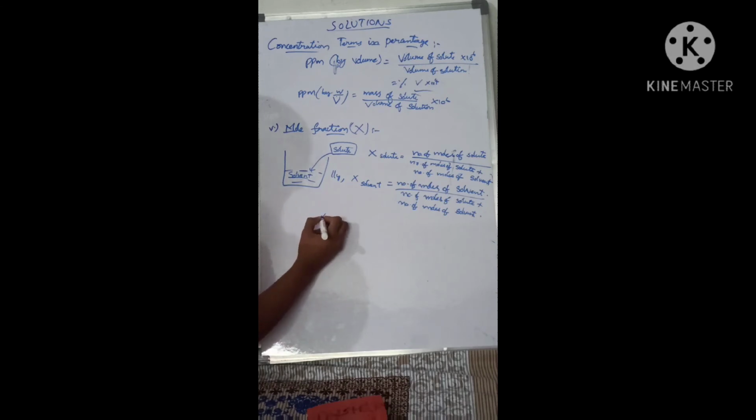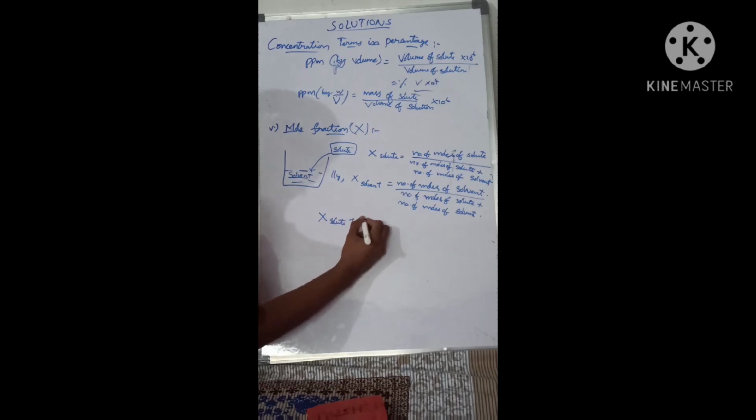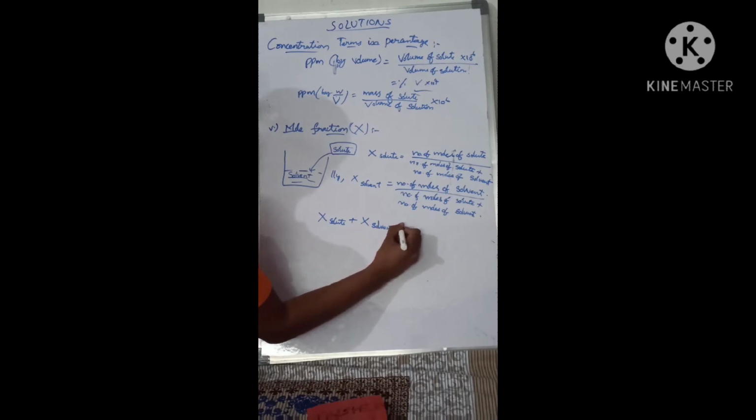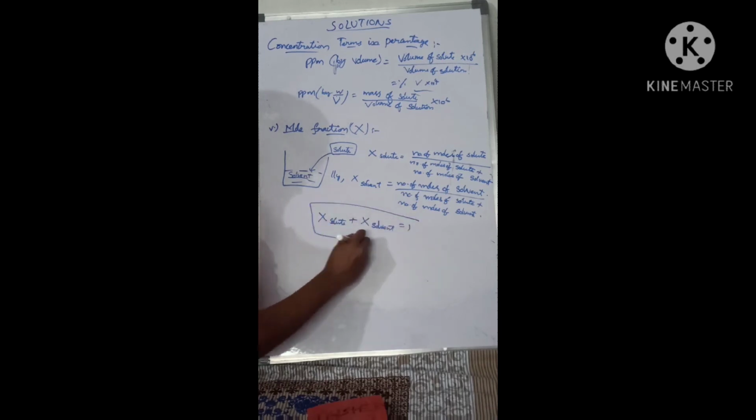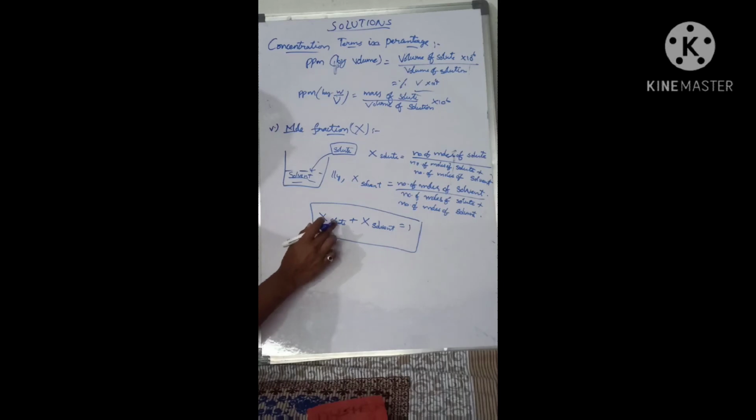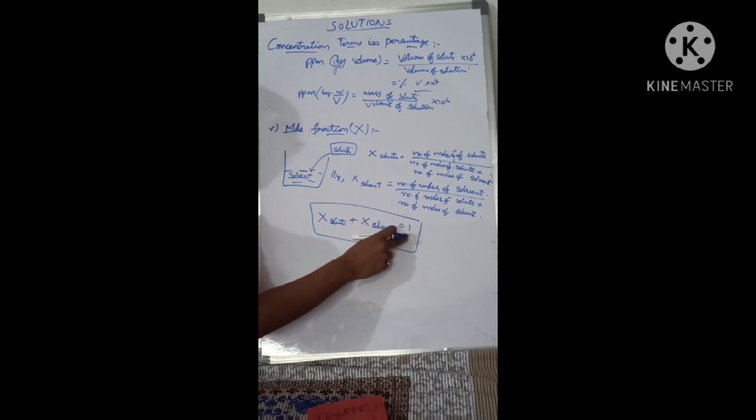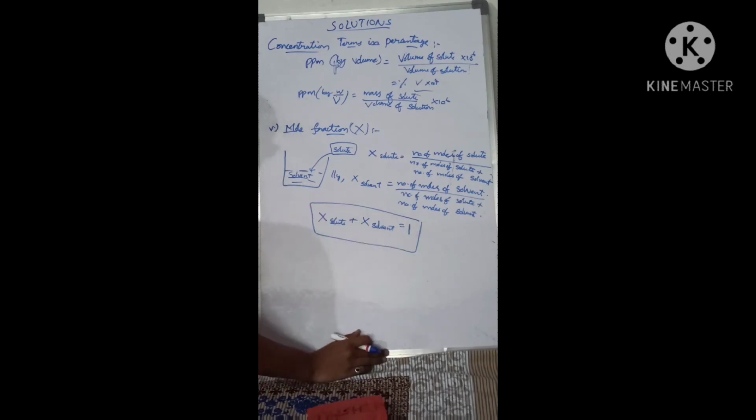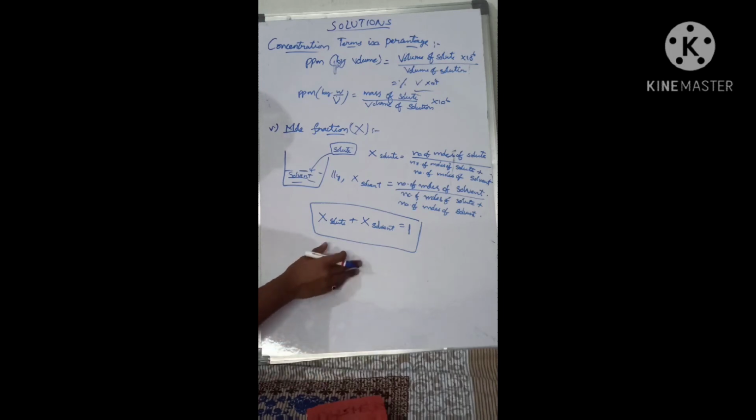If the mole fractions of solute and solvent are added, the sum is always equal to 1. That means the mole fraction of solute or of solvent doesn't exceed 1. They are not more than 1. They are always less than 1, and they are fractional.